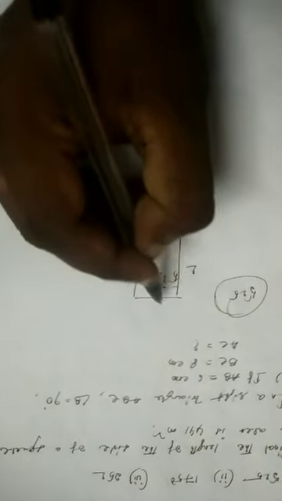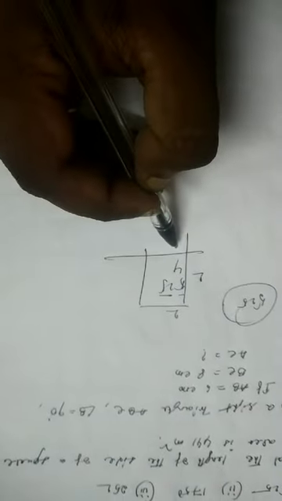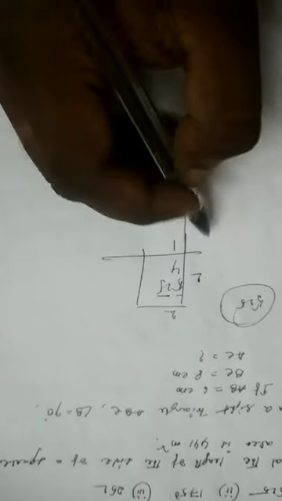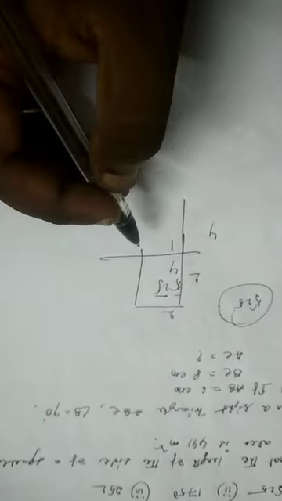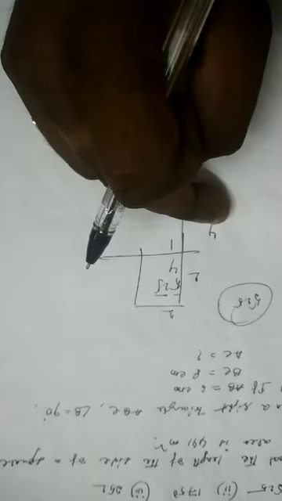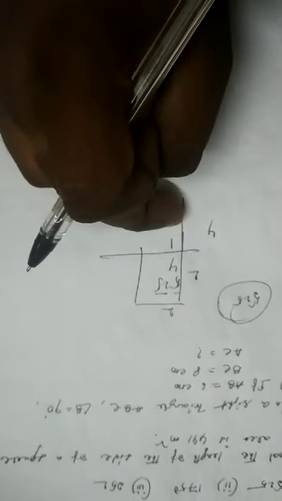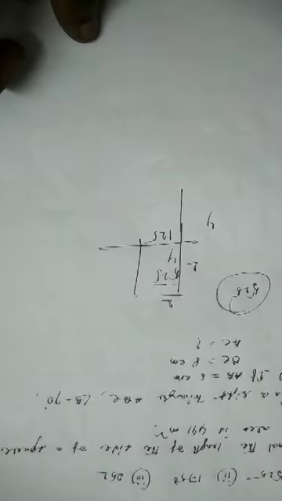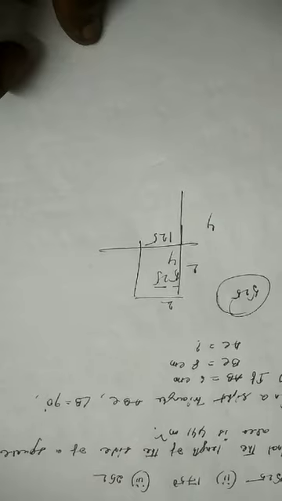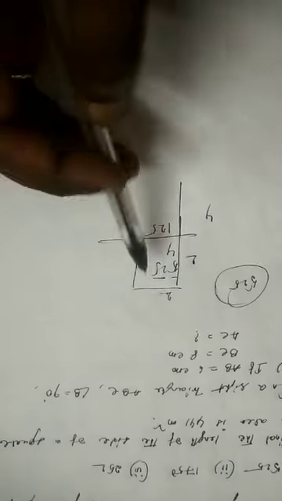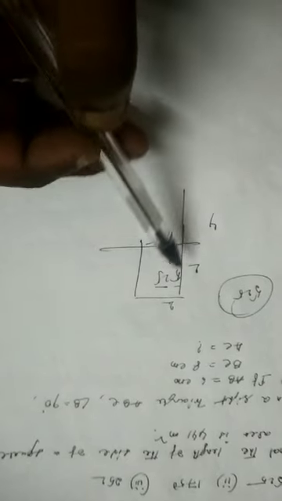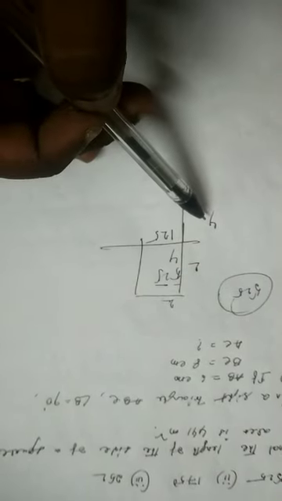So 2 2s are 4. 5 minus 4 is 1. Now double of 2 is 4. Hence 4 is bigger than 1, so this 25 will come down over here: 25. Now if I take 2 over here, 2 into 42 is 84.